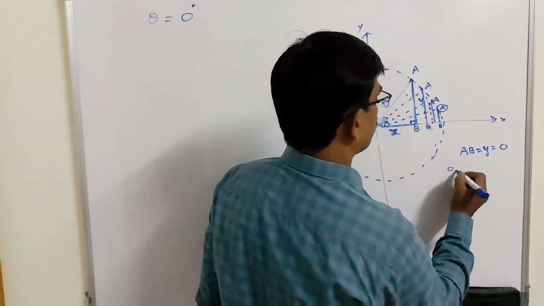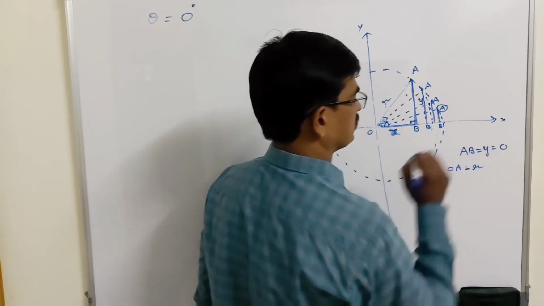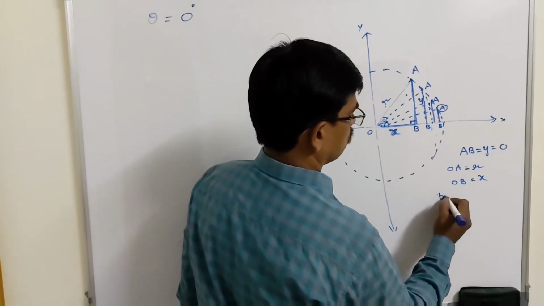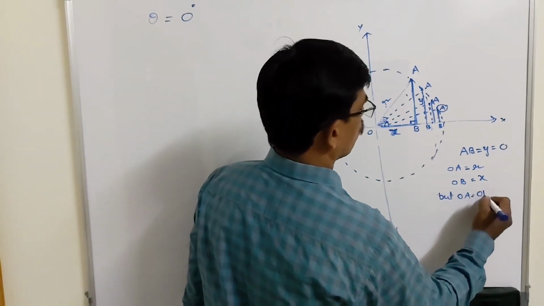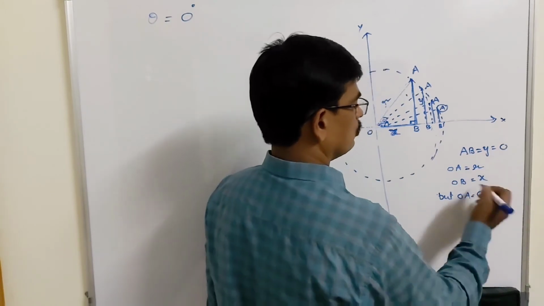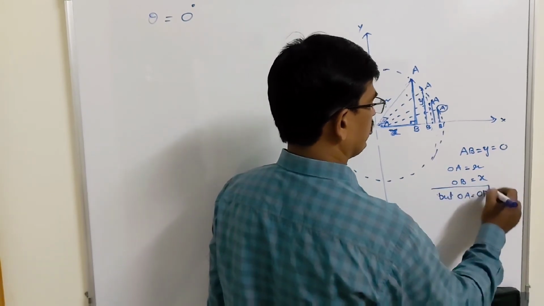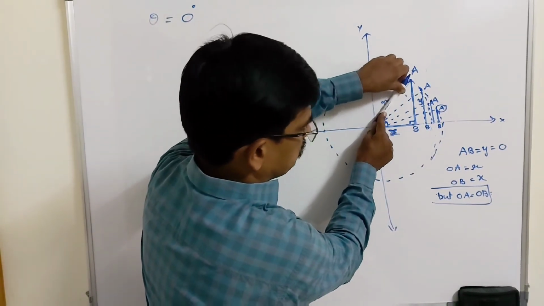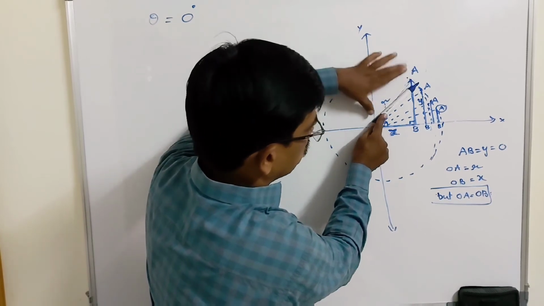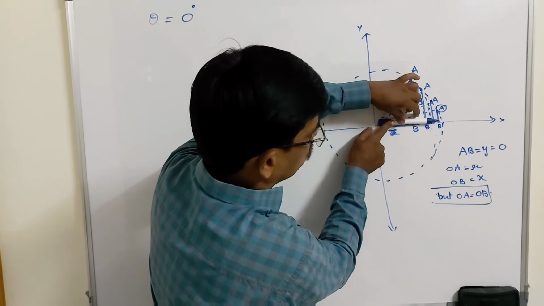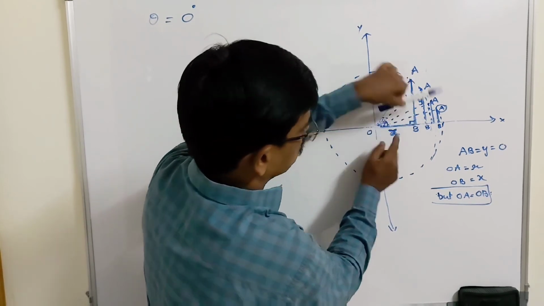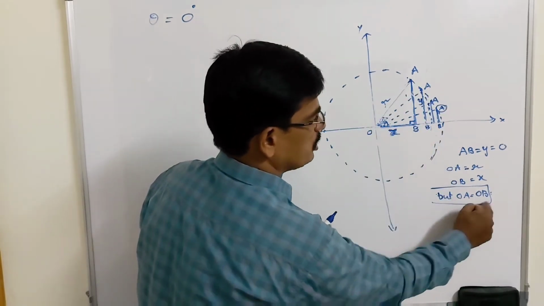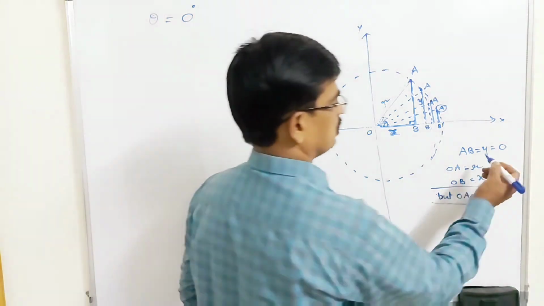OA is actually the radius, and OB is x, so OA is equal to OB, that is r is equal to x, because OA overlaps with OB.